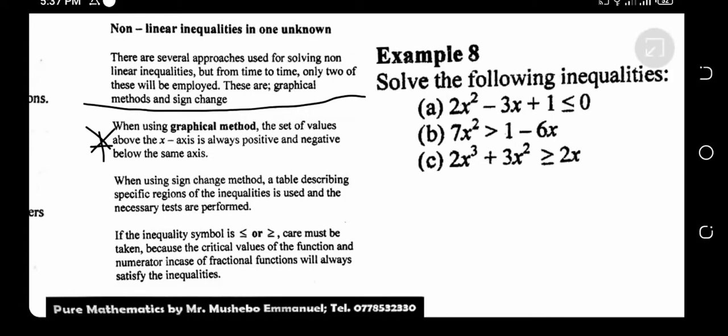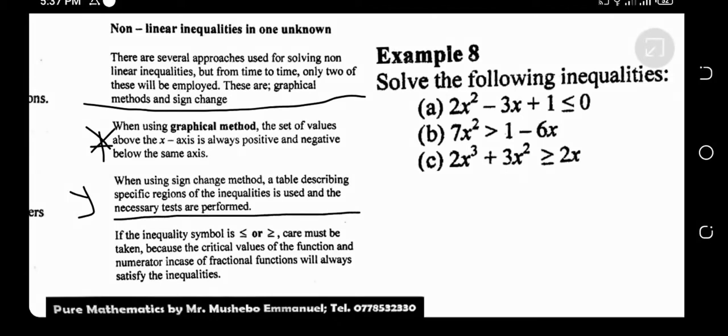So here, we can look at this one. They're saying that when using the sign change method, a table describing specific regions of the inequalities is used, and the necessary tests are performed.